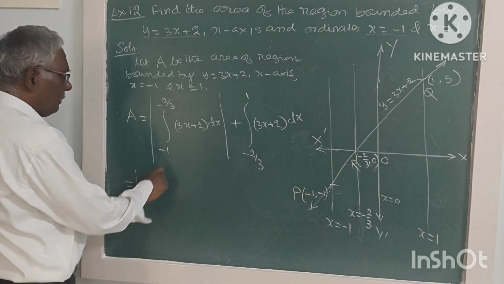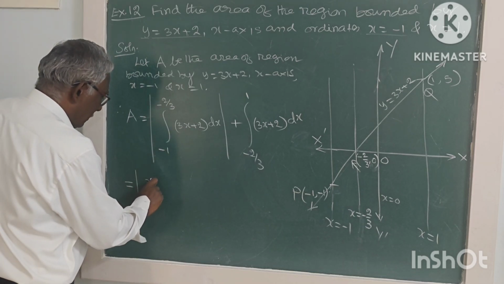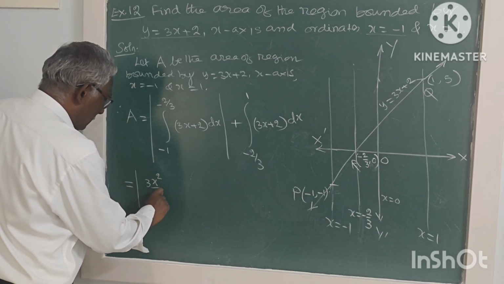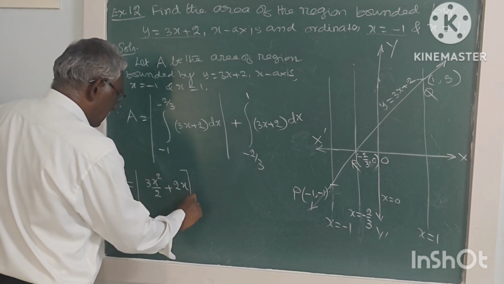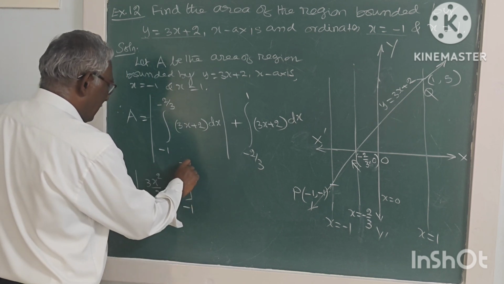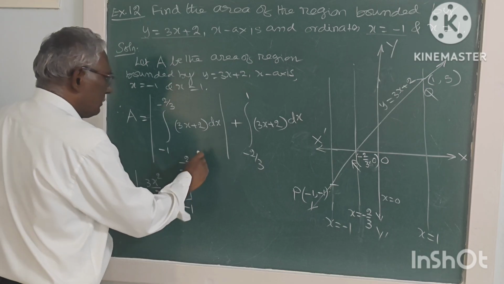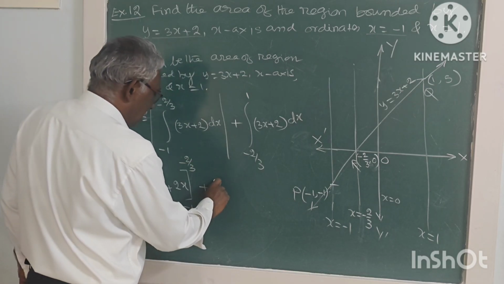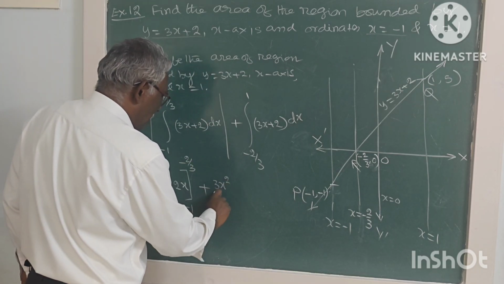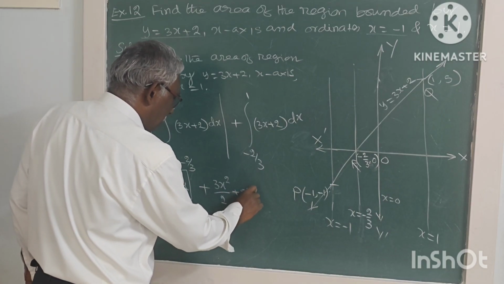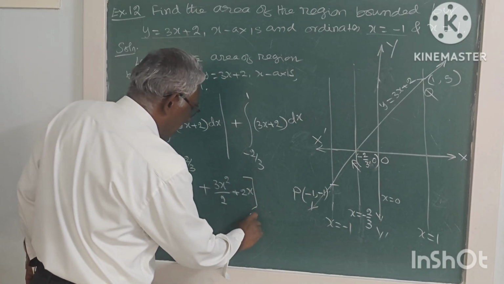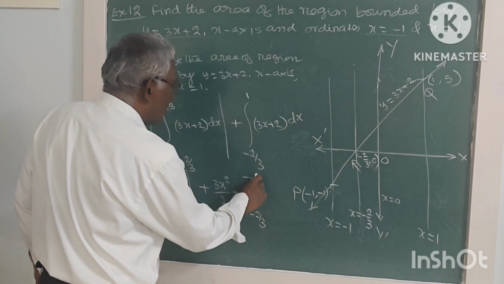So modulus of this is 3x square by 2 plus 2x, limit minus 1 to minus 2 by 3, plus 3x square by 2 plus 2x, limit minus 2 by 3 to 1.